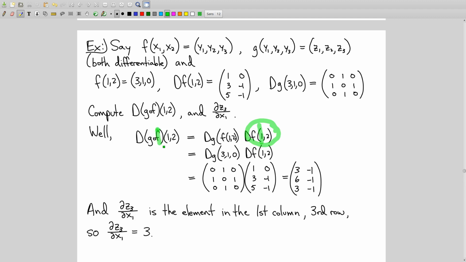And likewise, in matrix multiplication, the one that's on the left acts second, just like in compositions. But both of these are the opposite of what it looks like in the diagram.